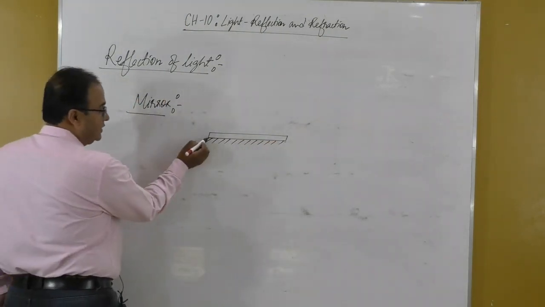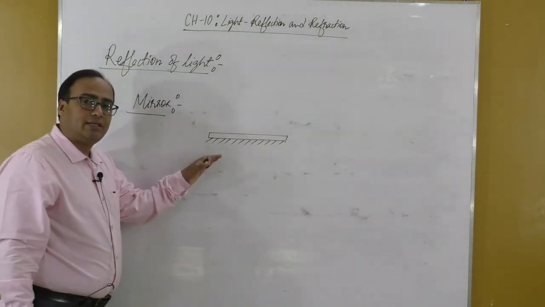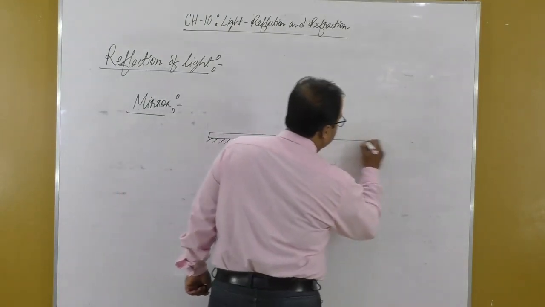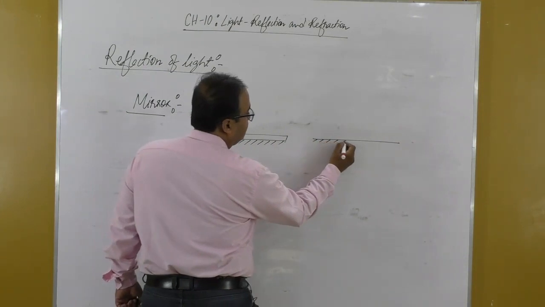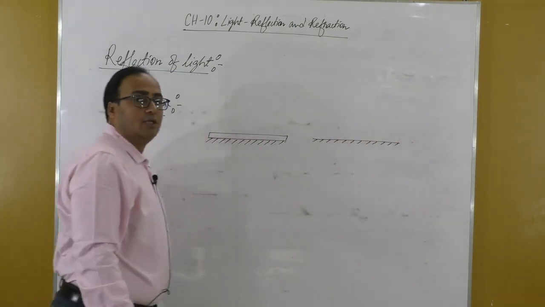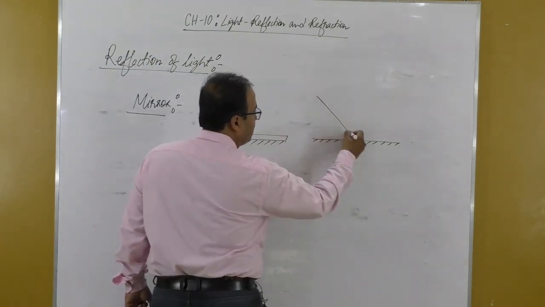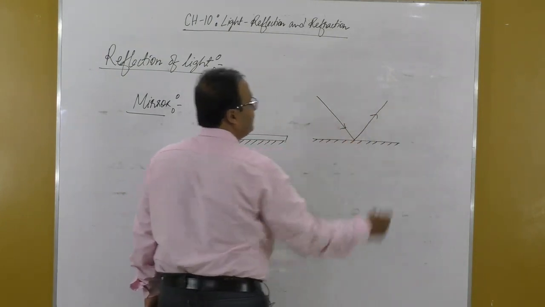So this is the glass sheet and is polished from one side by shiny metal or some alloys. For convenience, we draw a straight line to represent the glass sheet, and these oblique lines represent the polish on the mirror. If polish is on this side, light gets reflected from the other side.